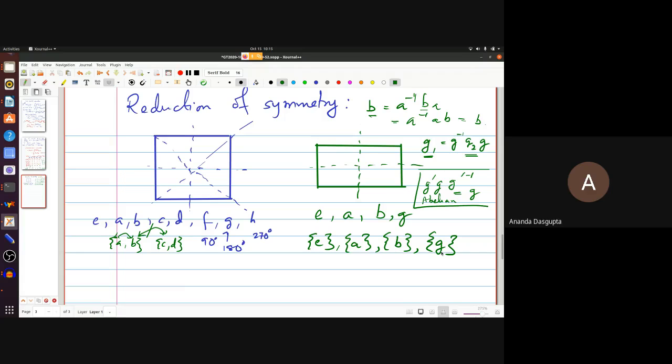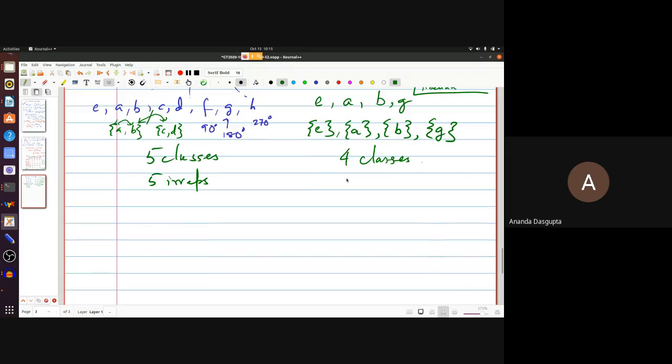So that means here you had 5 classes, so 5 irreps. Here you have 4 classes. And how many irreps? Of course, 4 irreps.